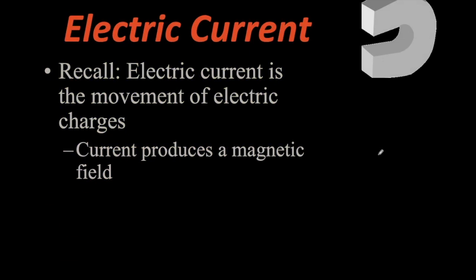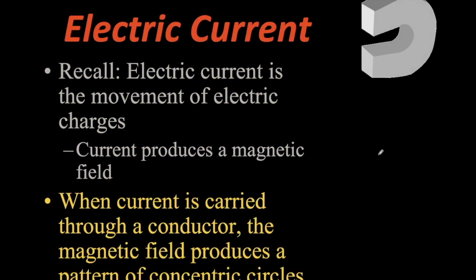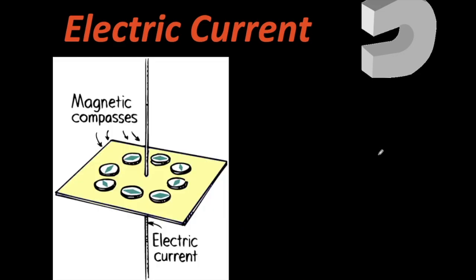And recall, electric current is the movement of electric charges. Current produces a magnetic field. When current is carried through a conductor, the magnetic field produces a pattern of concentric circles.